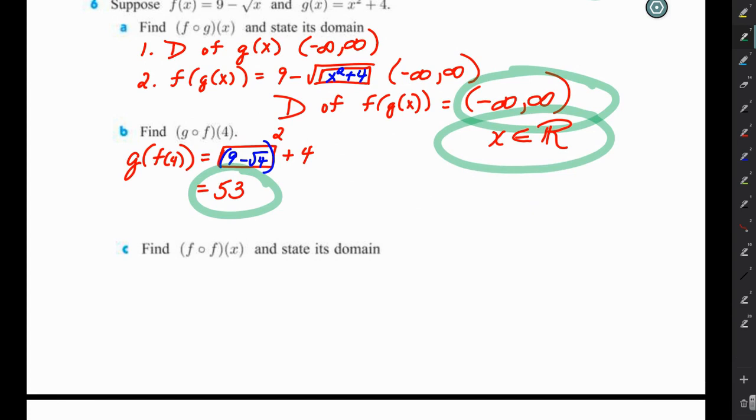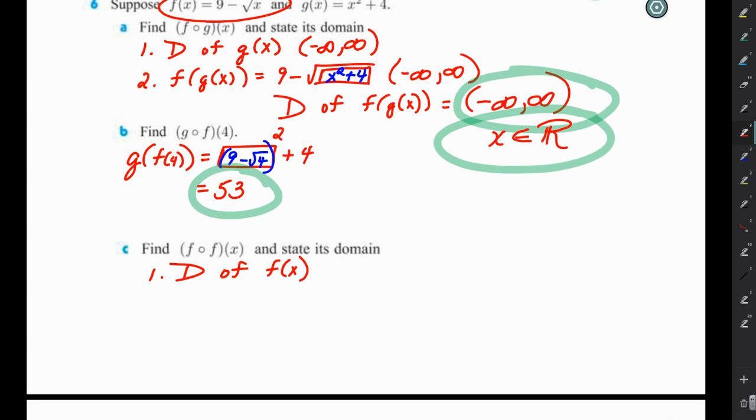Okay, again, we have this composite function and the domain. So this is a little tricky, all right? We want to know, number 1, what is the domain of the inner function? So what is the domain of f of x? Is there anything that can cause a problem in f of x, right? Well, we have the square root of x.